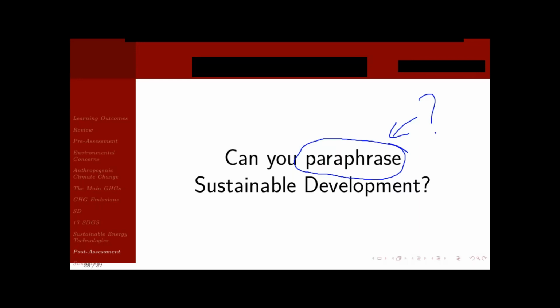Sir, sustainable development is a development that basically meets the people's and society's requirements by not hampering the environment. Okay, thank you very much. You'll get a point anyway.